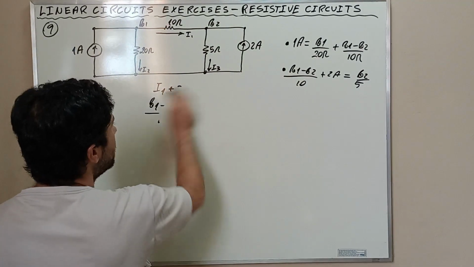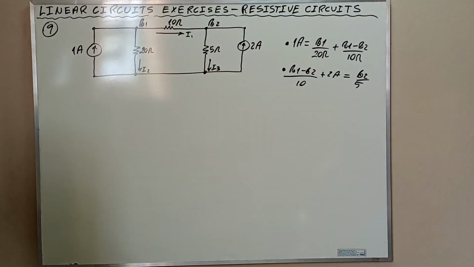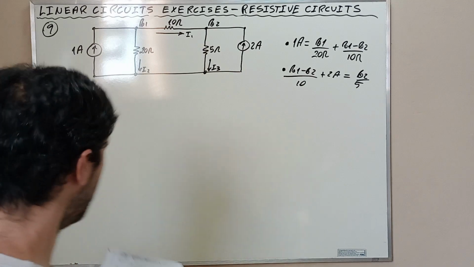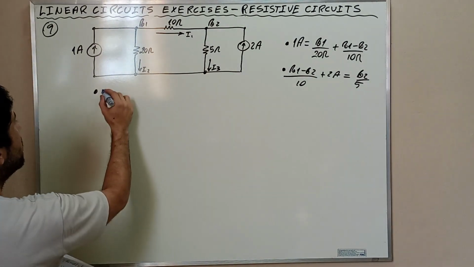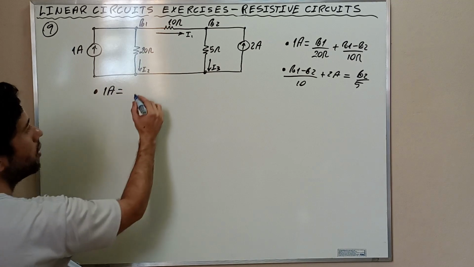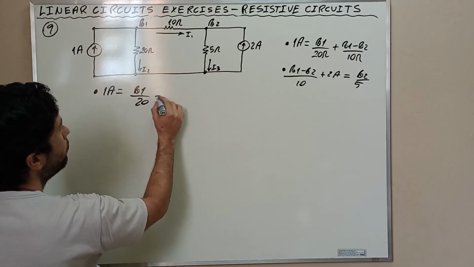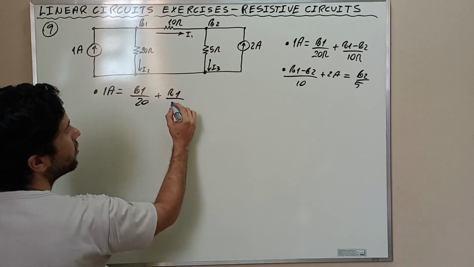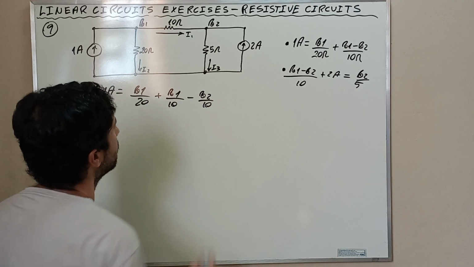Now we are going to manipulate, okay? We are going to manipulate these expressions to find the values of the voltages. Let's work on the first. 1 amp has to be equal to V1 divided by 20 plus V1 divided by 10 minus V2 divided by 10, okay?